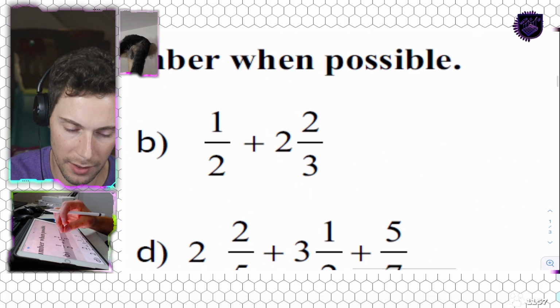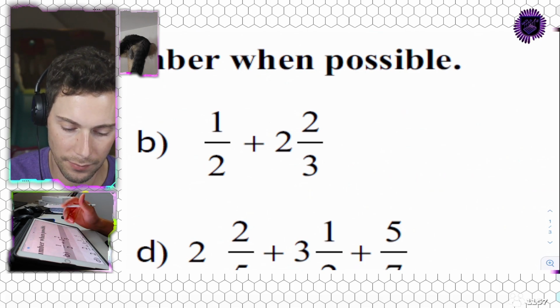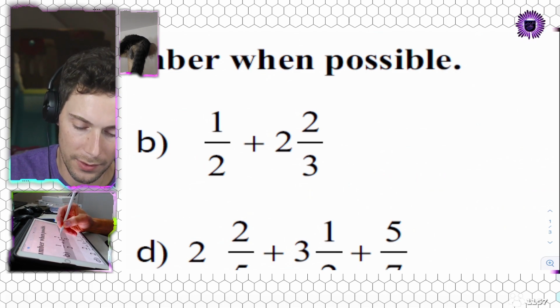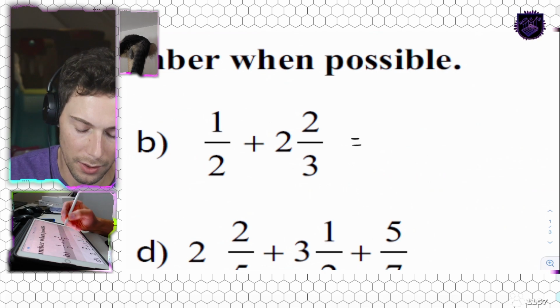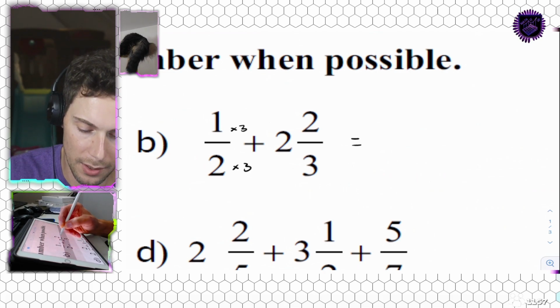Right, so again, I'm going to look at this 2 as if I'm adding it. So this is going to be equal to, we got to cross multiply. 3 times 3, times 2 times 2.